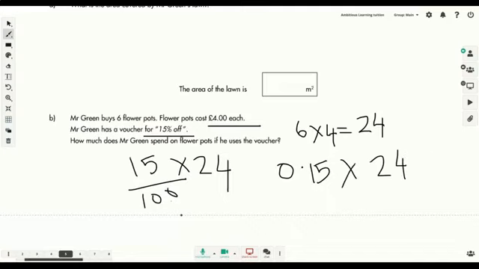Try doing this. And tell me what answer you got.